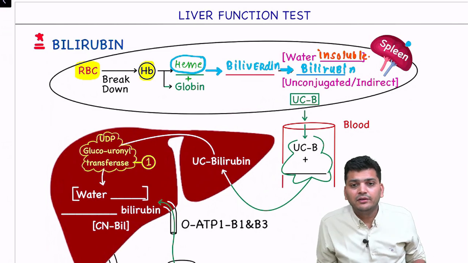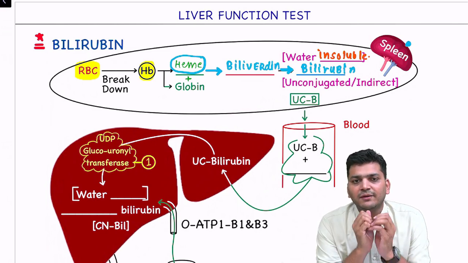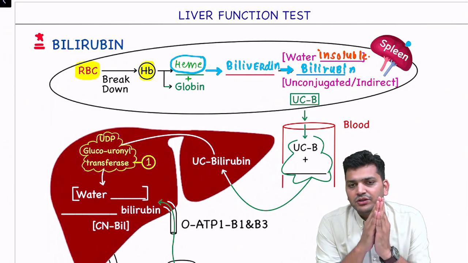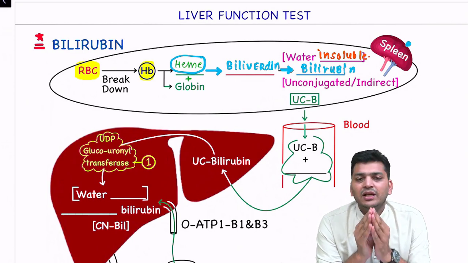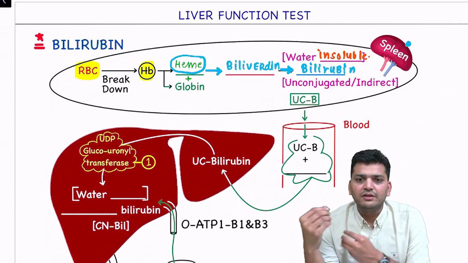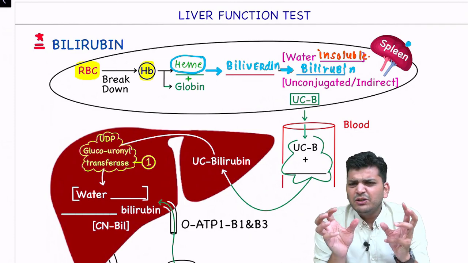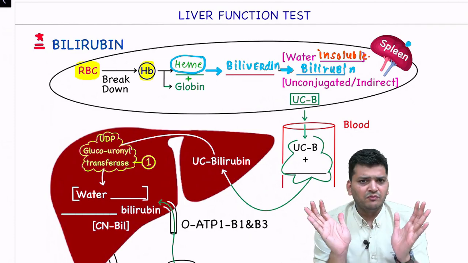So when the breakdown of the RBC happens, mainly in the spleen, we generate the water insoluble bilirubin. This is also called the indirect bilirubin, or the unconjugated bilirubin.